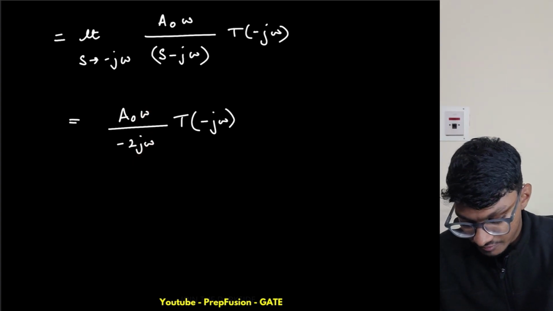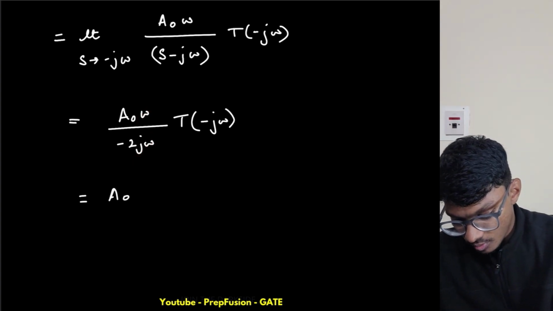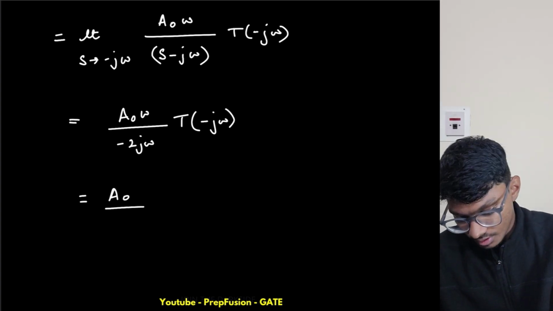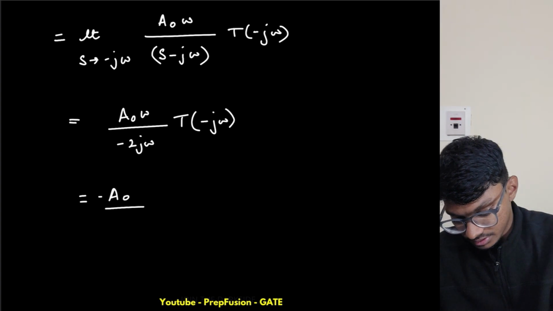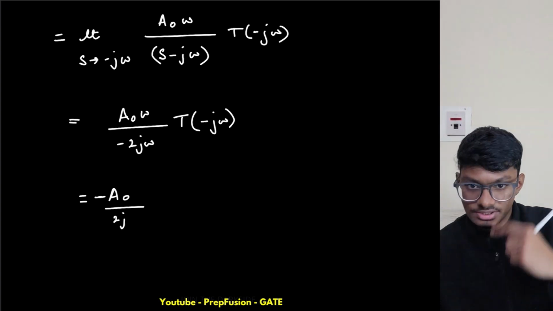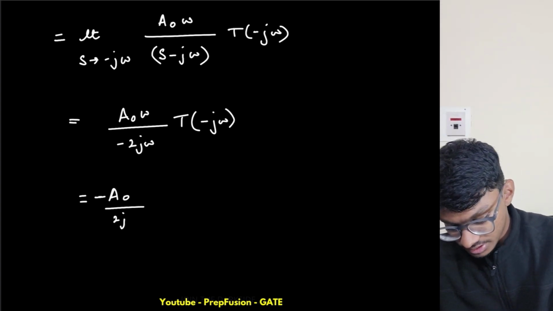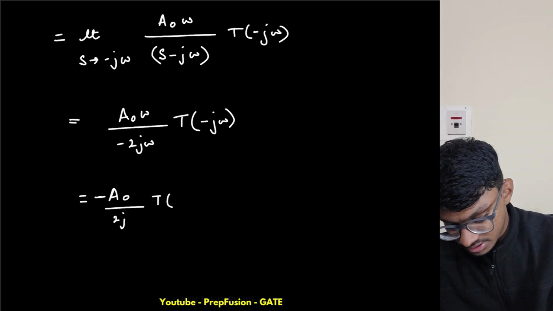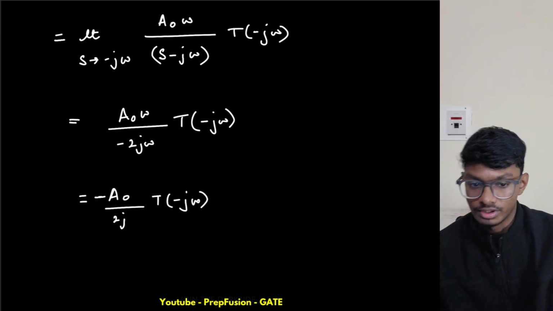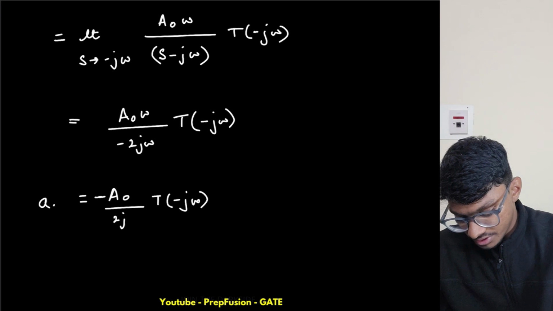What I will be left with is this one. So I got my a1 coefficient. My a1 coefficient is minus, okay, 2j. If I take the j above, it will become plus, but I'm not doing it, for some reasons. So omega will get cancelled, and this is t of minus j omega. This is what my a1 coefficient equals.